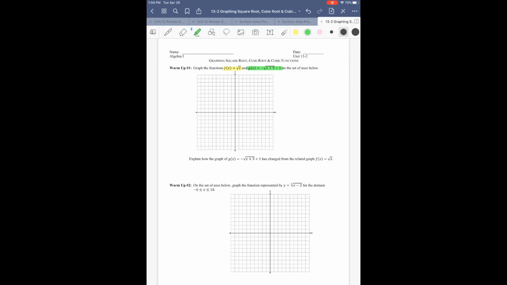Okay, so let's try this question out. I'm going to first graph f of x equals the square root of x. So the first thing I'm going to do is go into my calculator and put in my y equals the square root of x, and I'm going to copy down a table of values that has easily readable points.